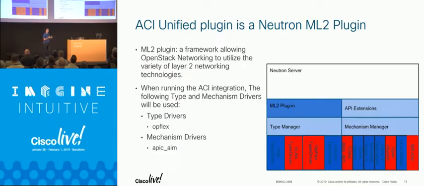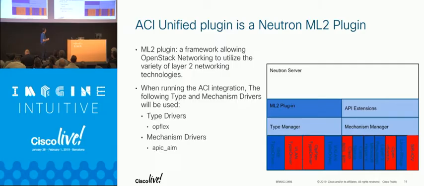Neutron allows different vendors to plug their SDN solution into OpenStack through the ML2 framework, the Modular Layer 2 framework. So any vendor could potentially develop their own plugin. The Cisco ACI engineering team developed this unified plugin.